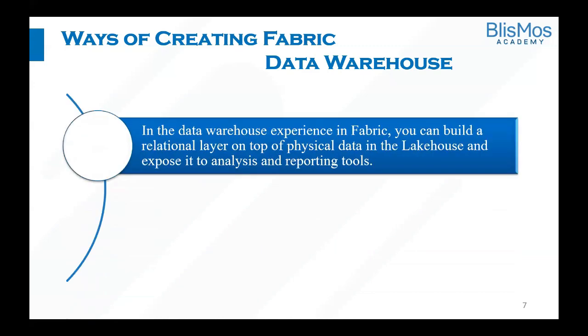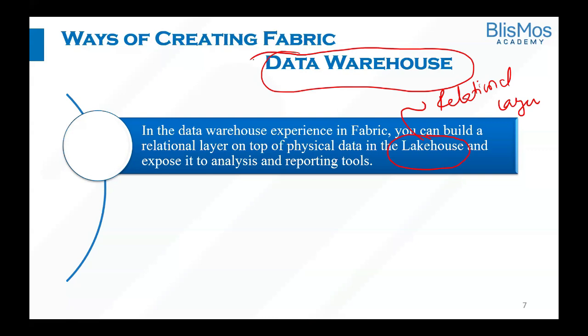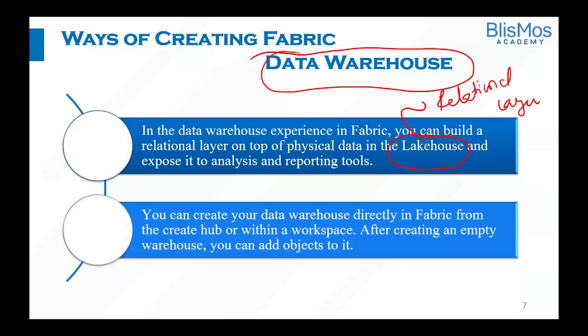Okay. So what we can do is we already have a lakehouse. On top of that, we can build a relational layer. Okay. That way we can create a data warehouse. That is one way. Second way is, as we already have seen, we can directly create the data warehouse in Fabric by using a create hub within a workspace.